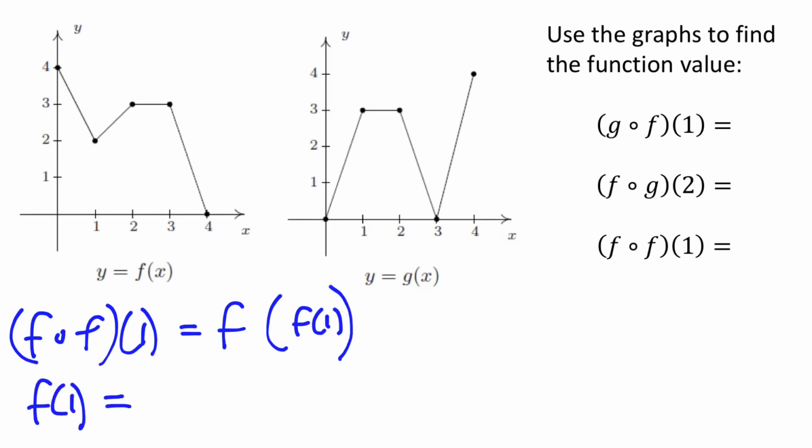So 1 is the input value, the x value, on the f graph. Here's 1. f of 1 is 2. All right, and now we need to find f of 2, and that should give us our answer. So we've got to use the f graph again. This time, the input value x is 2, f of 2 is 3. So the answer is 3.